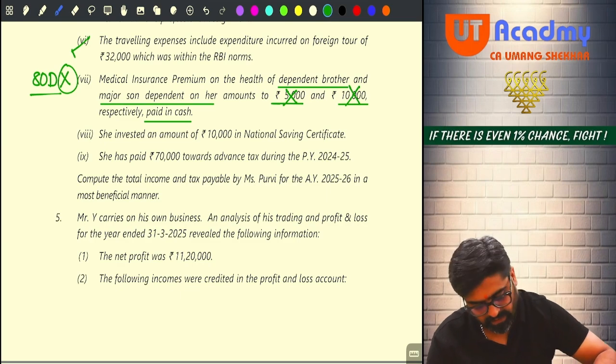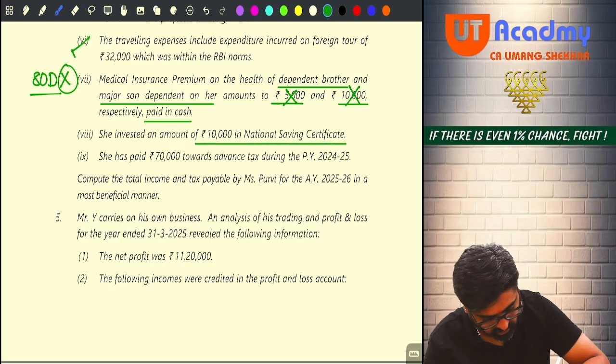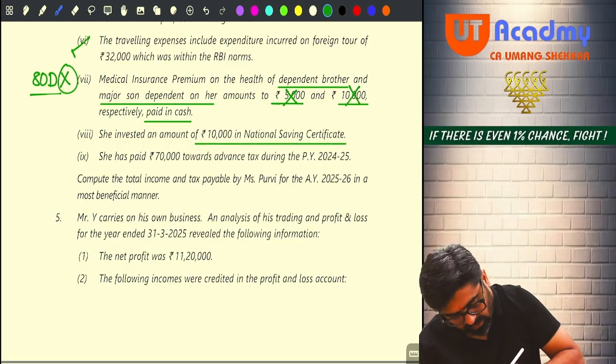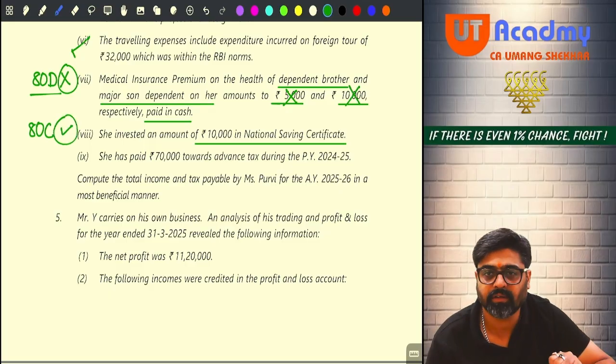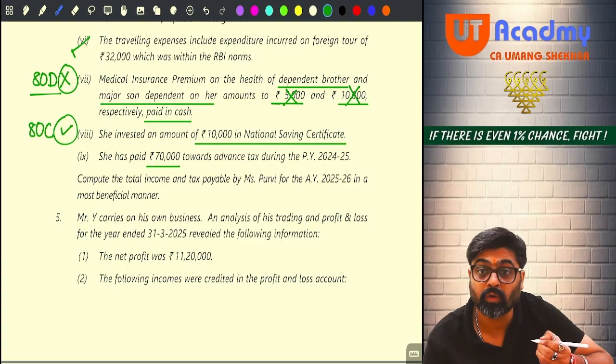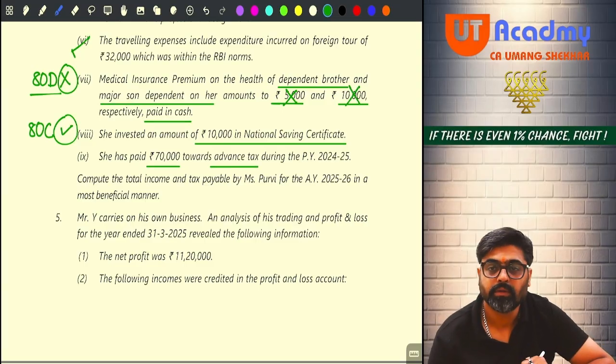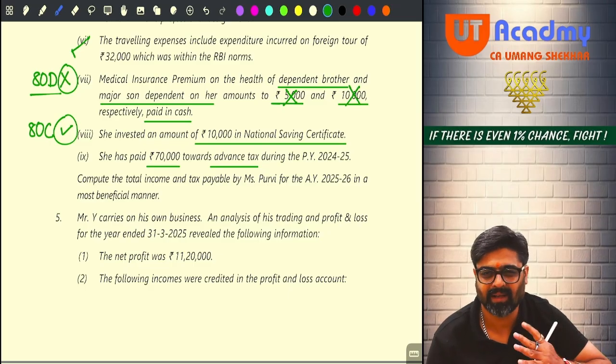Understanding? Next one. She invested an amount of 10,000 in National Savings Certificate. Can I say for this she is going to get a deduction under 80C, National Savings Certificates? And she paid 70,000 towards advance tax. Advance tax is not an expense to be allowed.